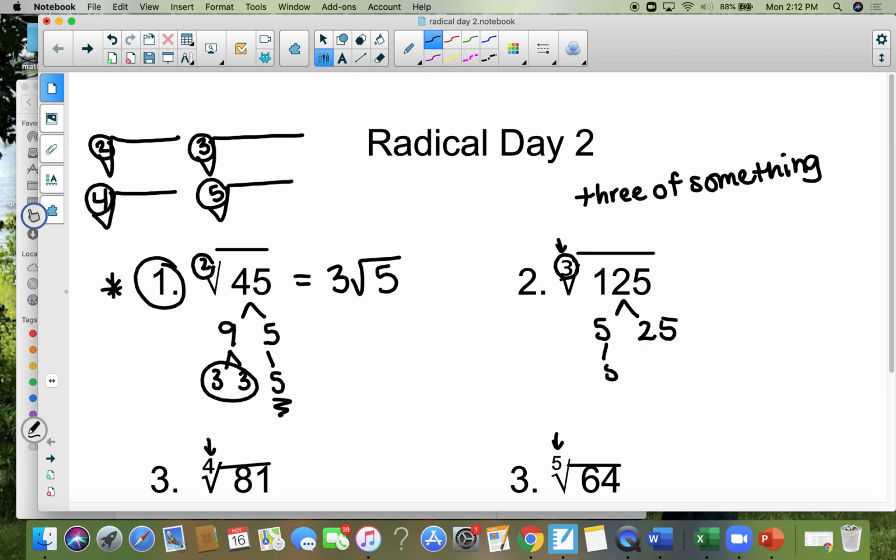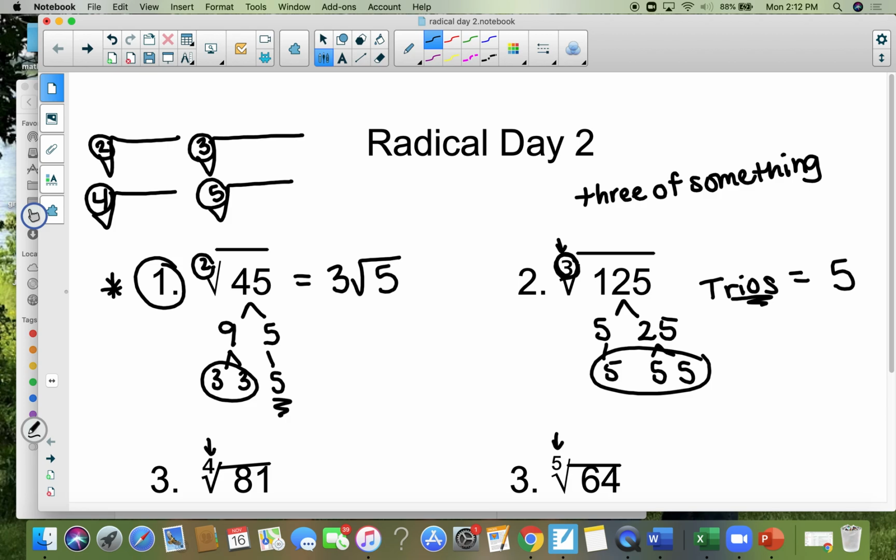The 5 comes down and the 25 makes 5 and 5. I'm not circling pairs, I'm circling trios, or 3s. I'm looking for 3 of something. So there are three 5s, and for every 3 we circle, I can take 1 out. Notice that there are no lingering 5s, so the answer is 5.